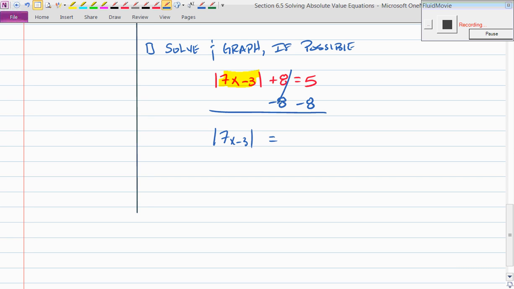Because that cancels out. So how much is 5 take away 8? Negative 3. Good. Is the absolute value part by itself? Yes. Is the right-hand side a positive number? No. Bad. Not good. Therefore, there is no solution to this particular equation.